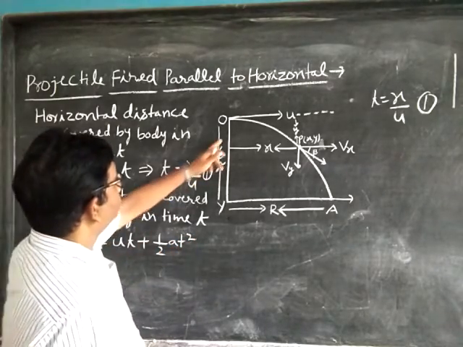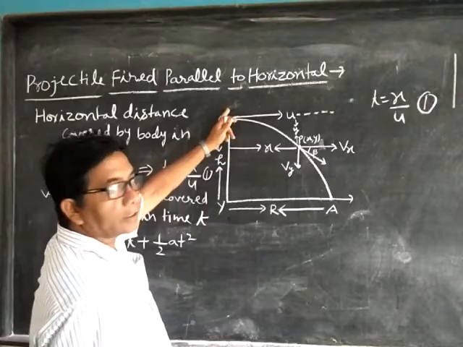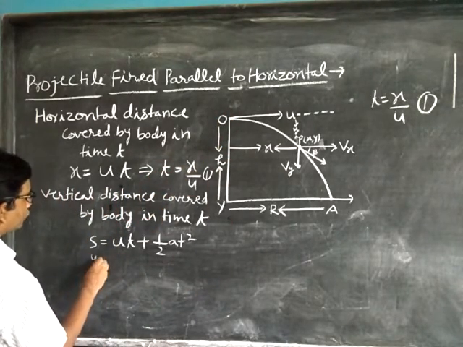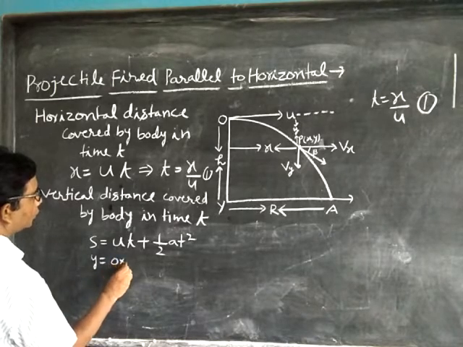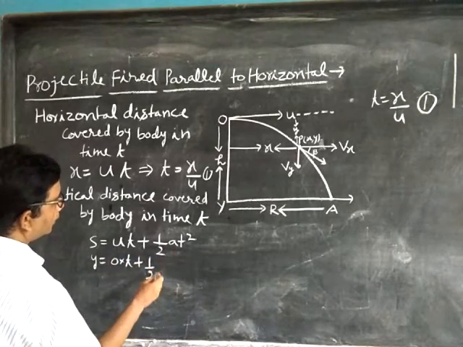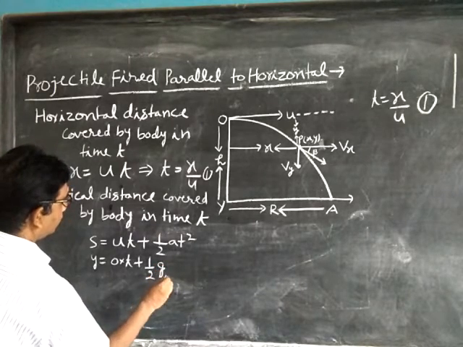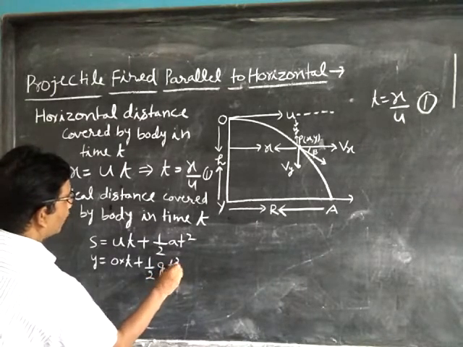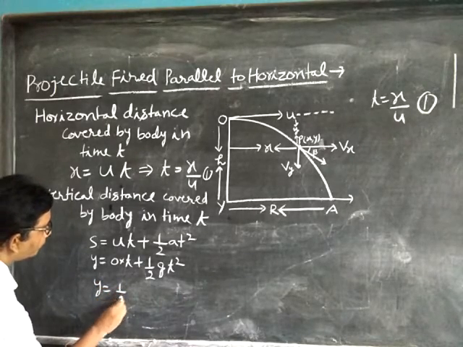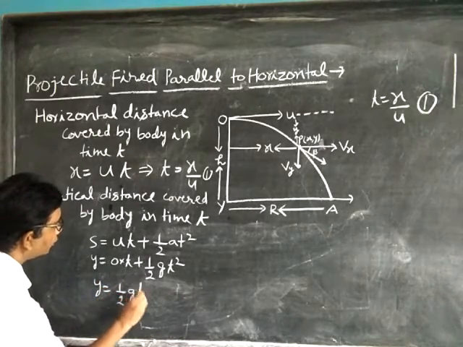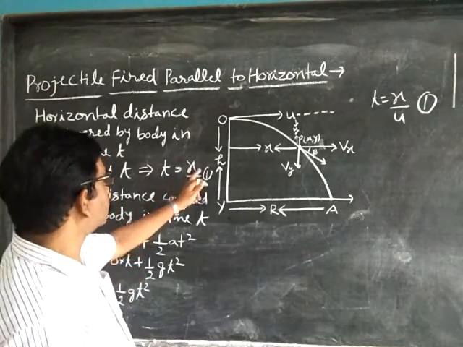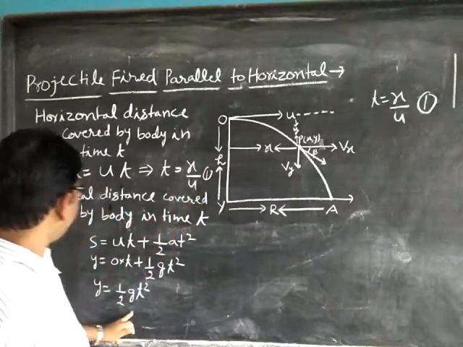The initial vertical velocity is 0, so y is equal to 0 into t plus half g t square, that is y is equal to half g t square. We will put t is equal to x upon u here.